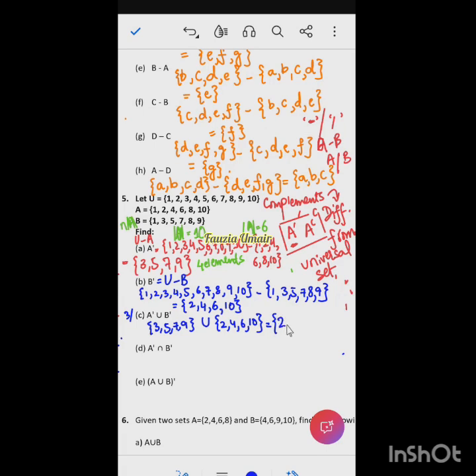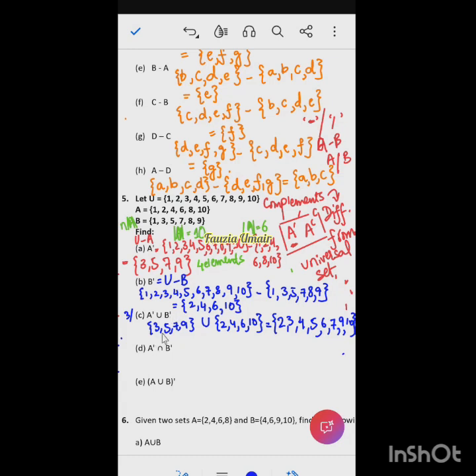We try to write the numbers in order: 2, 3, 4, 5, 6, 7, 8, 9, 10. Rest of all the elements will come in the answer.